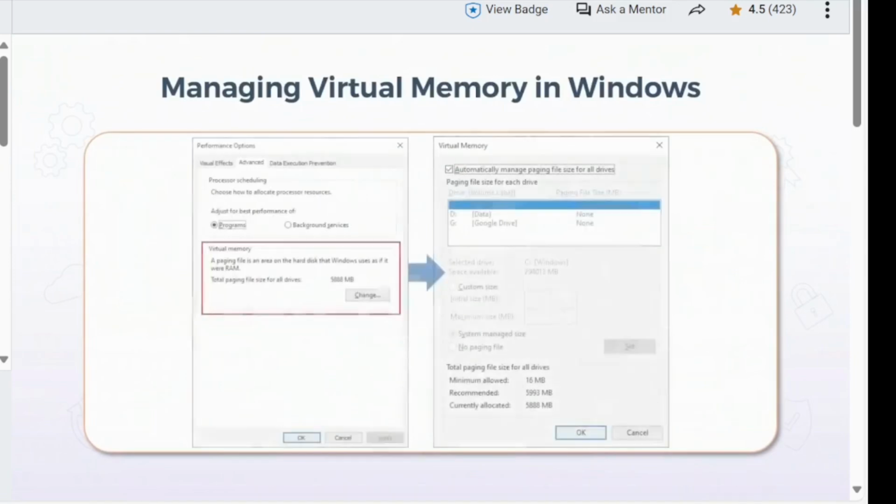Now, all processes involved with virtual memory are managed by default on most systems. But as an example, if you're running a Windows platform, you do have the option to control some of its configuration to a degree.